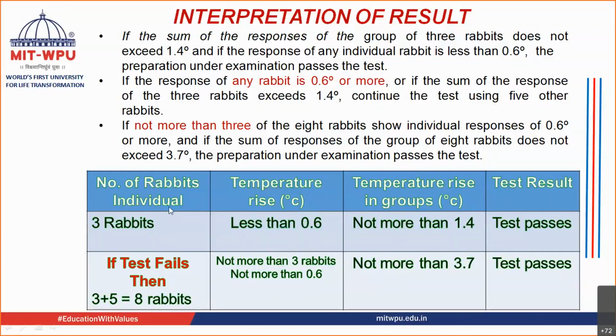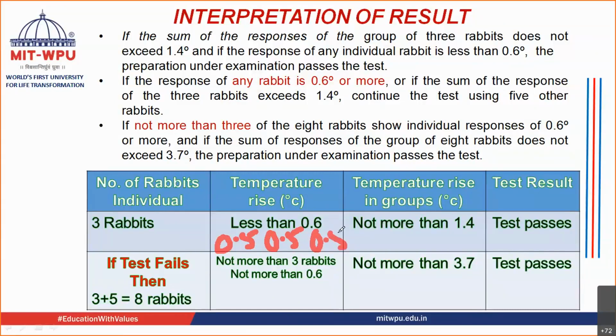There is another condition also. The rise in the group should not be more than 1.4. It means, supposing there are 3 rabbits, the rise in the first rabbit is 0.5, the rise in the second rabbit is again 0.5, and the rise in the third rabbit is also 0.5.